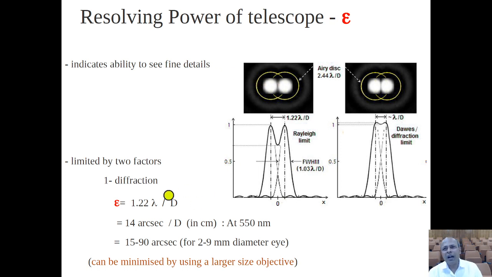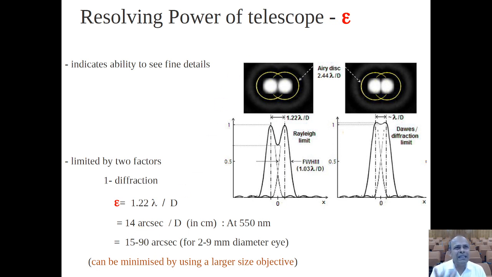In case of our eye, if you convert this at 550 nanometer, then this becomes 14 arc second divided by d, if you take d in centimeter. With our eye diameter in the range of 2 to 9 millimeter, the typical resolving power of our eye is 15 to 90 arc second.